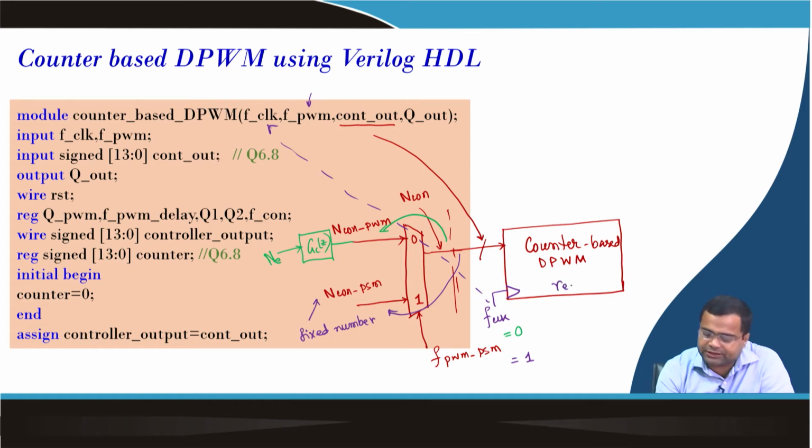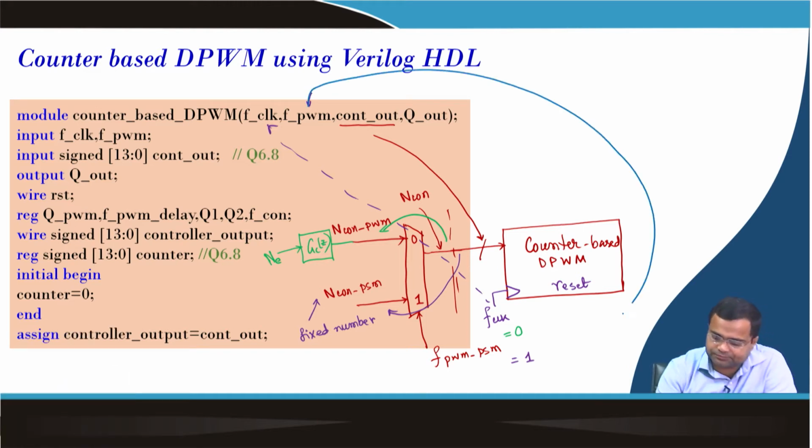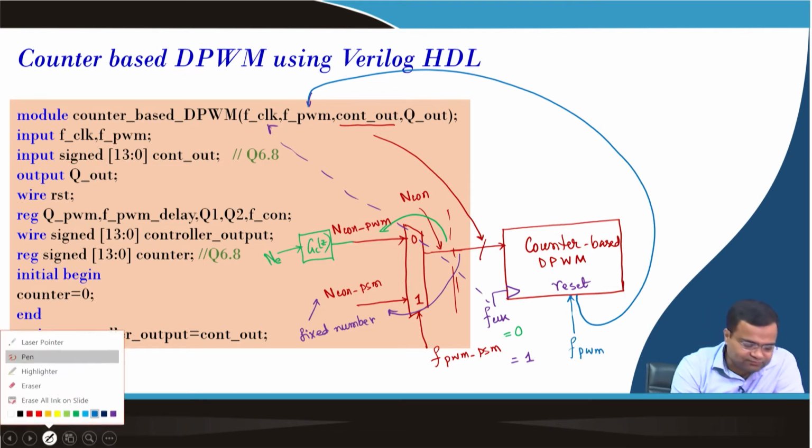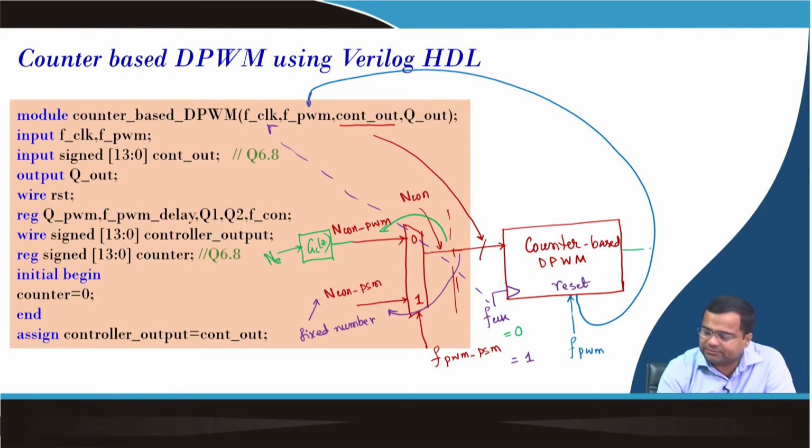And it also uses a reset, the counter is reset. For that we are using this clock. This clock we are using as a reset, that means reset is our FPWM. And this is the output of this.